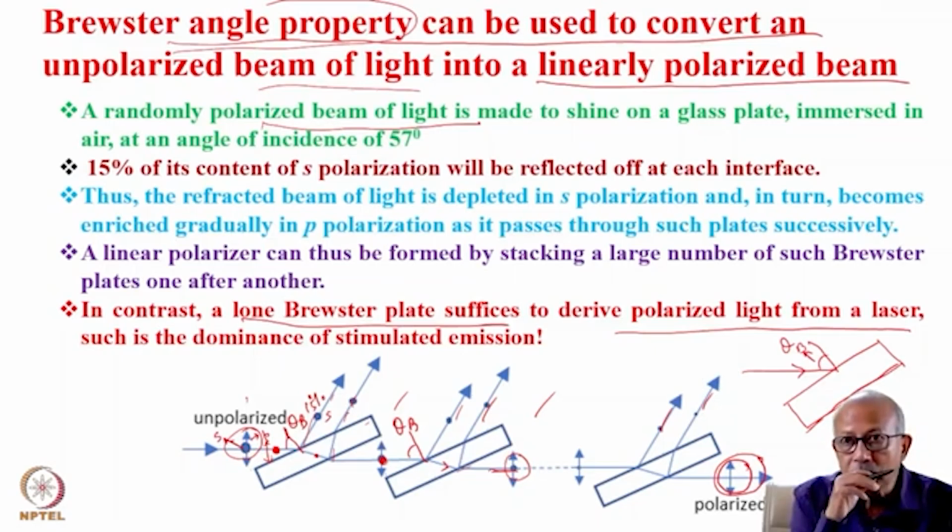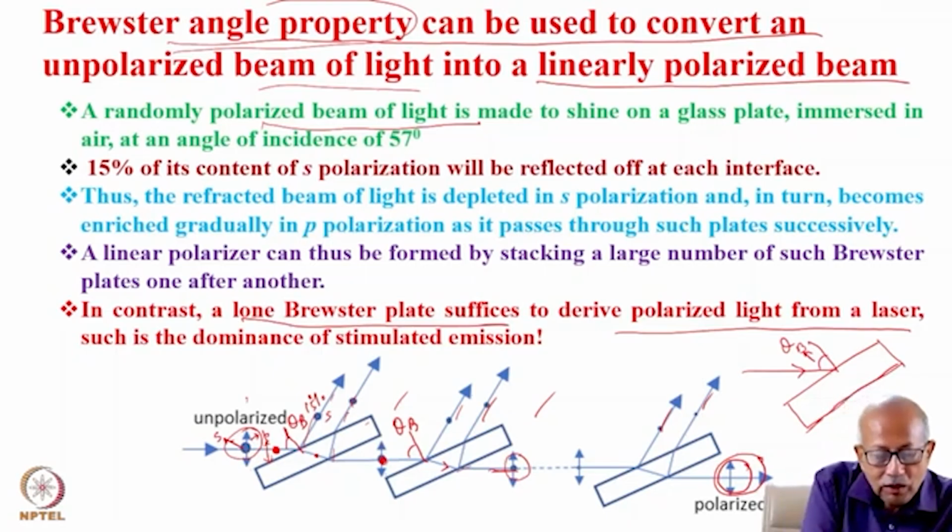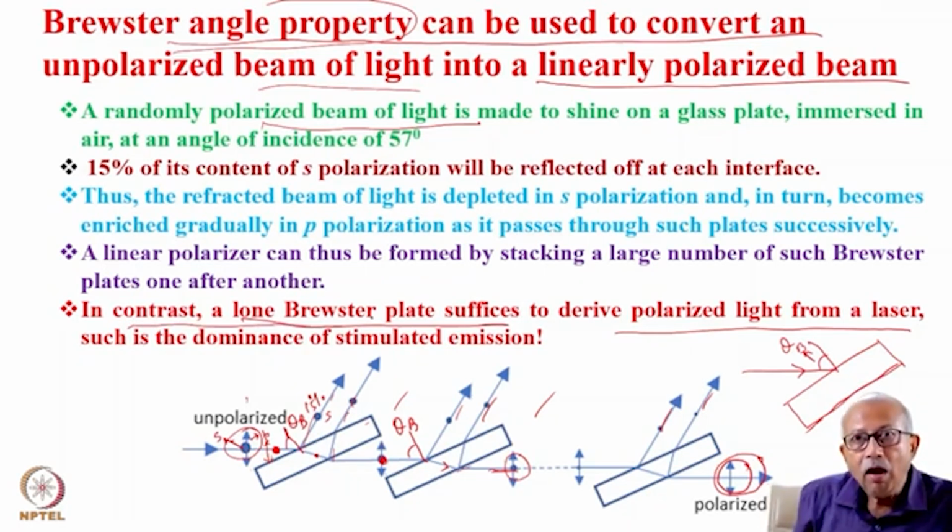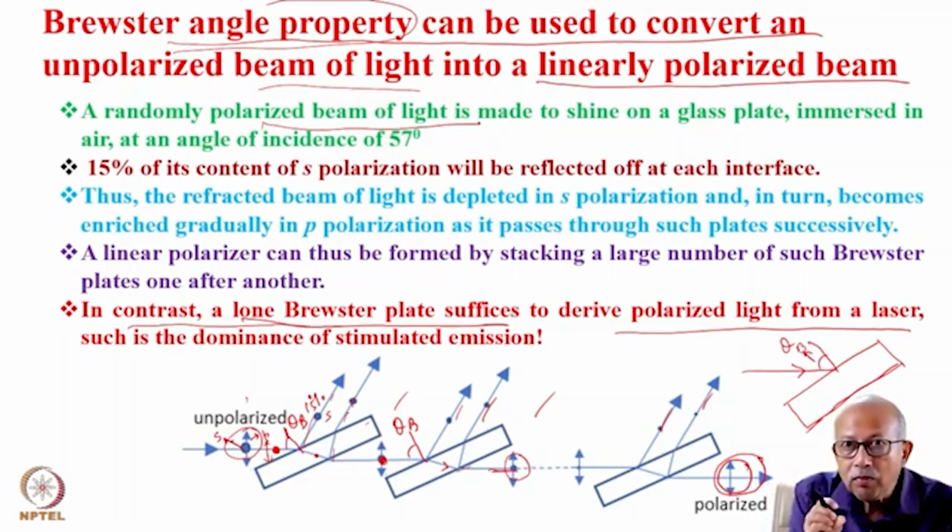How is this possible? This is because of stimulated emission. We will know how it happens when we study different laser systems. We will see how a single Brewster plate can make a laser emit polarized light.